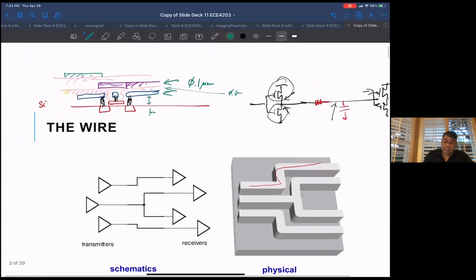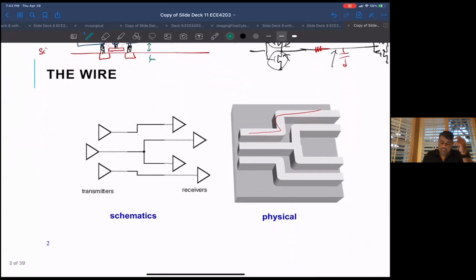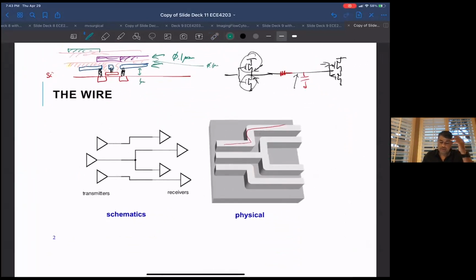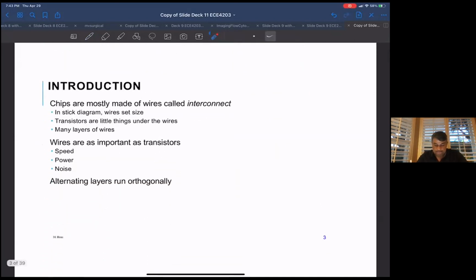And that leads to a relatively high capacitance, because if you look at them as parallel plate capacitors, the plates are very close to each other. So basically these lines connecting the transistors in a chip tend to have relatively high resistance and capacitance. In addition to that, I think we talked about this, the vias and contacts also have their own resistance, but we're going to be talking primarily about wires today, the interconnections.